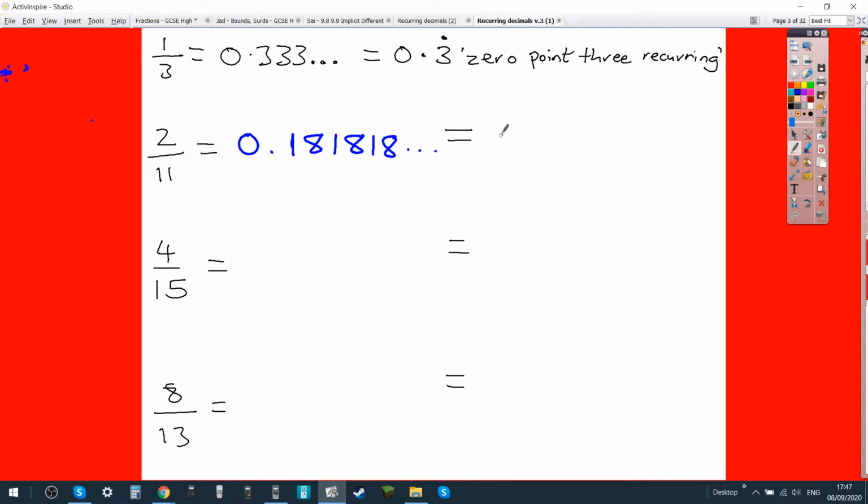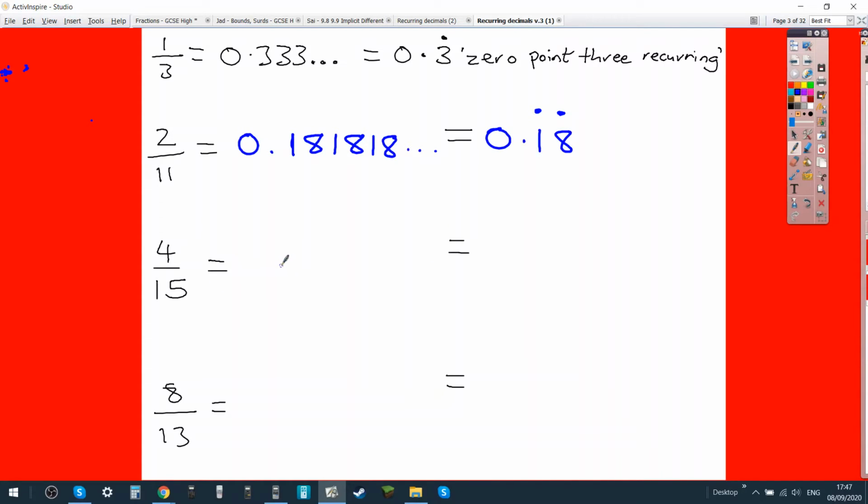Okay, so what would that be with recurring? With recurring, like with the dot over it. 0.18. So it'd be 0.18, 1 recurring, 8 recurring.